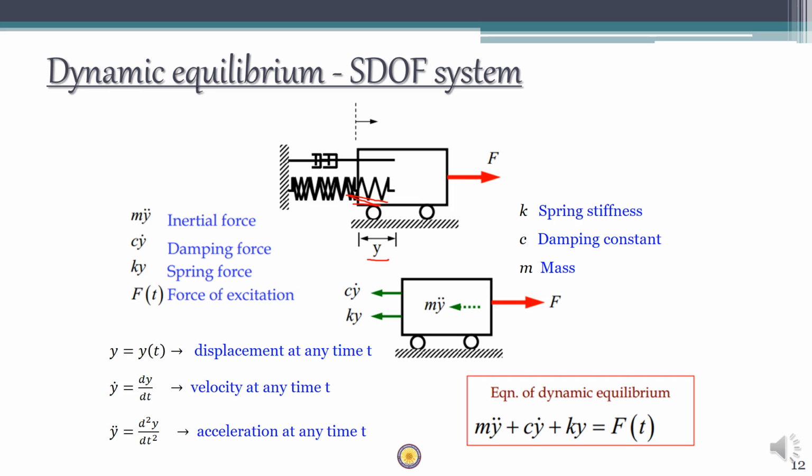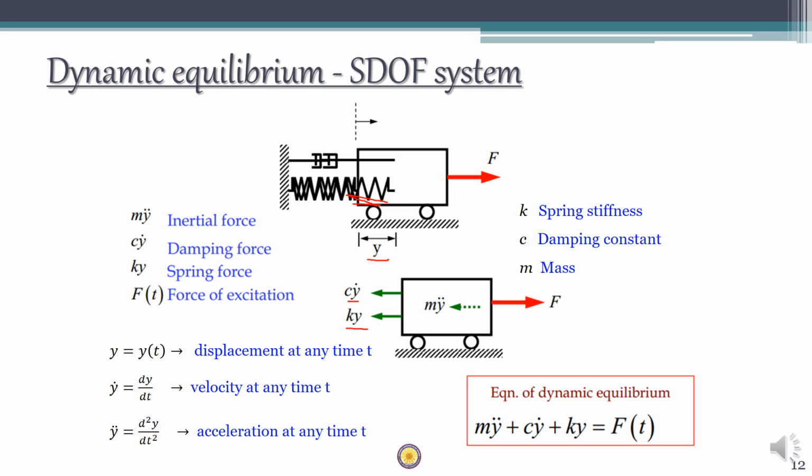The spring will try to bring it back by applying a restoring force equal to k into y, where k is the spring stiffness and y is the distance by which the spring was stretched. Also, the damper applies a damping force, which is c into y dot, where c is the damping coefficient and y dot is the velocity with which the body moves.